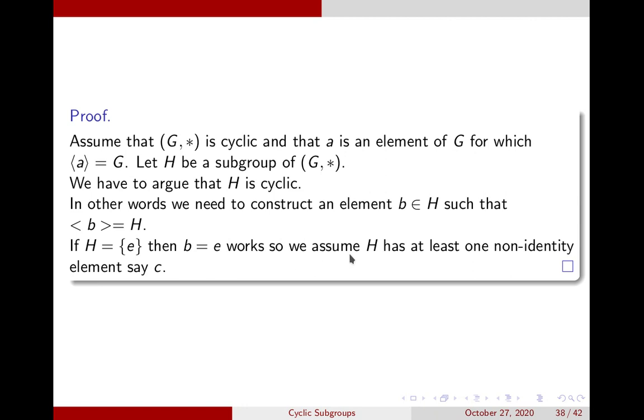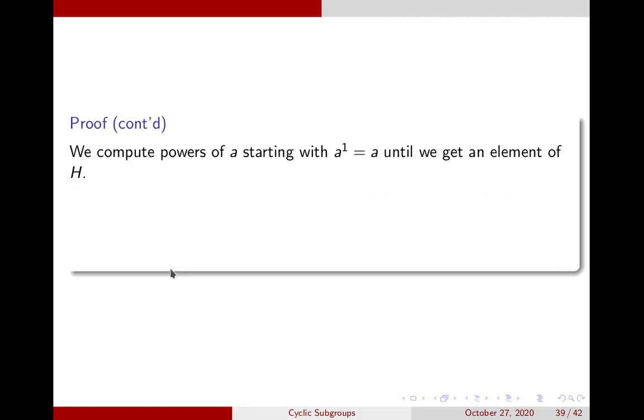So we're going to assume that H has at least one non-identity element, which we will call C. And now remember that little a is the generator of the big group capital G. So we are going to compute powers of A, starting with A to the first, which is A, until we get an element of capital H. And this element will be the element B of capital H that will work.